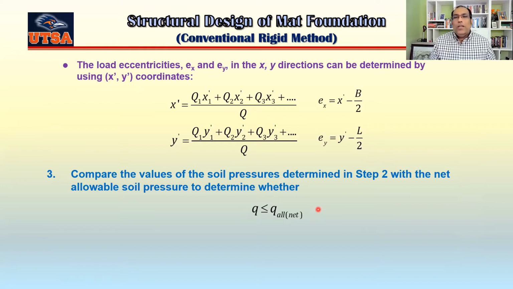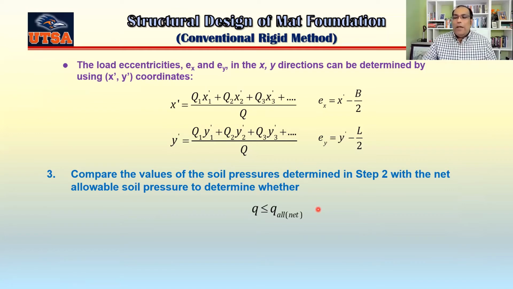You can remember in chapter 6, when we had the simple approach to eliminate the eccentricity, what we usually do is try to add a little bit more, let's say 2E on each side. So we'll try to make our foundation footprint a little bit bigger, okay?